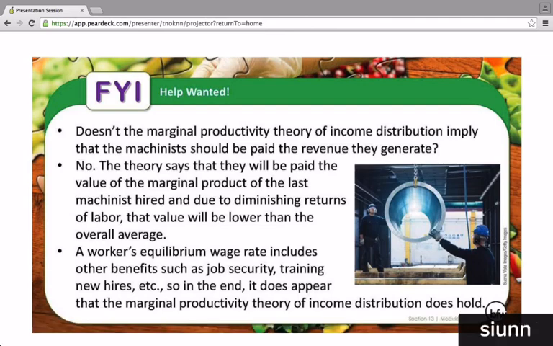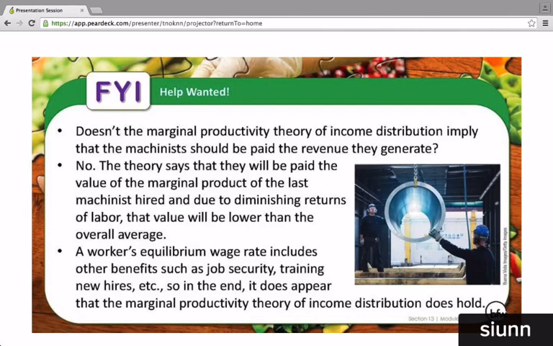So doesn't the marginal productivity theory of income distribution imply that, let's say, machinists should be paid the revenue they generate? Let's say they generate $130,000 of revenue, but they're only paid $70,000 a year in their wage. Well, this isn't necessarily true. The theory says that they will be paid the value of the marginal product of the last machinist hired. And due to diminishing returns of labor, that value will be lower than the overall average provided by previous workers.